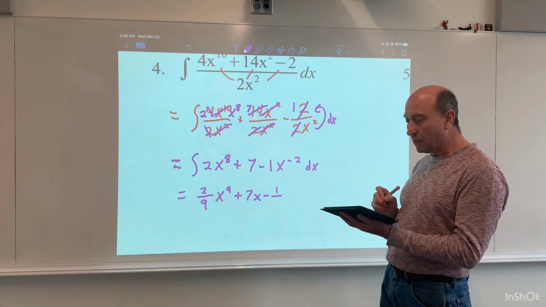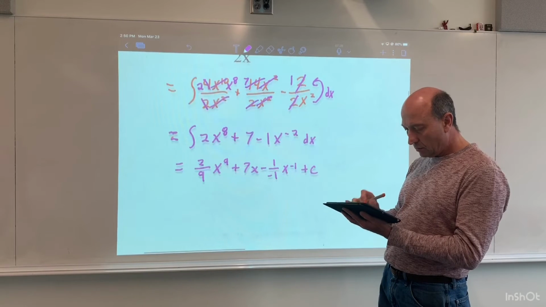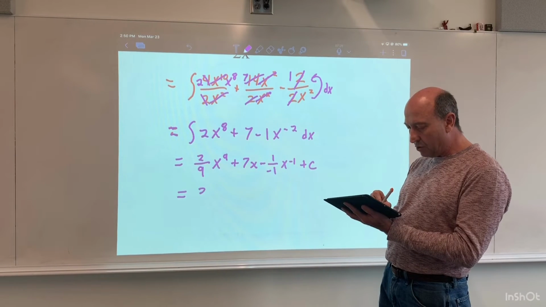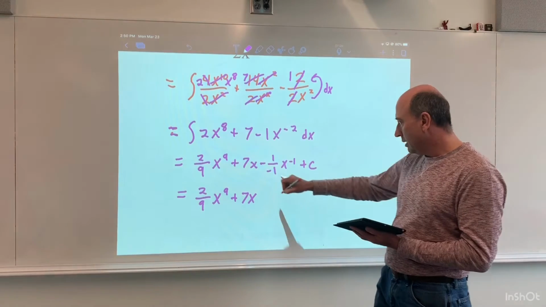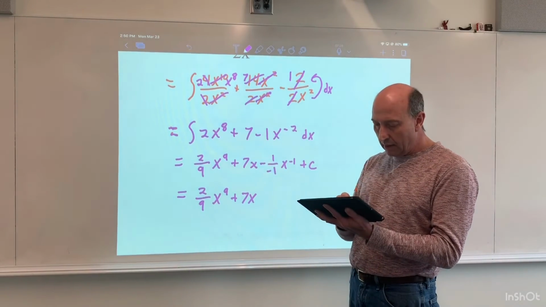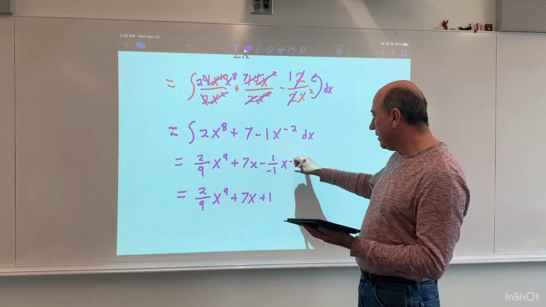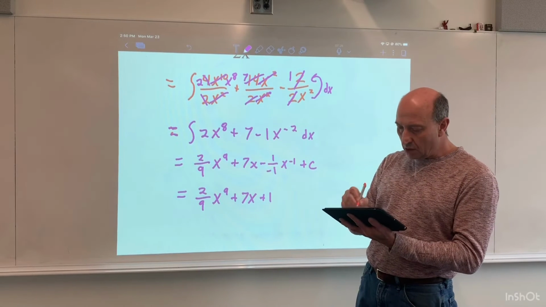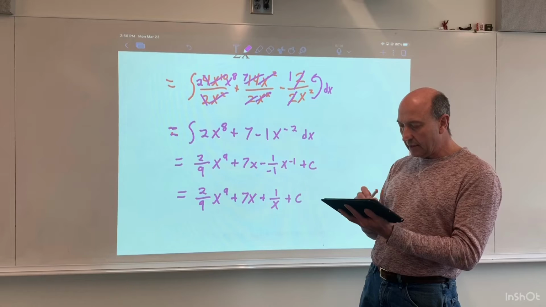Negative 2 goes up by 1 to a negative 1. All right, so now I have 2/9 x to the 9th plus 7x. 1 over negative 1 is negative 1, minus a negative 1 is positive 1, and then x to the negative 1 flips. So this is 1 over x plus c.